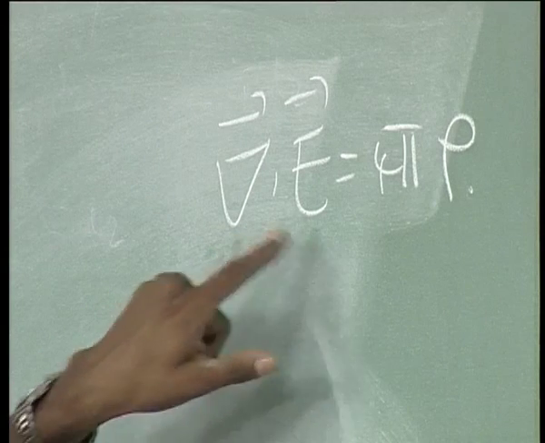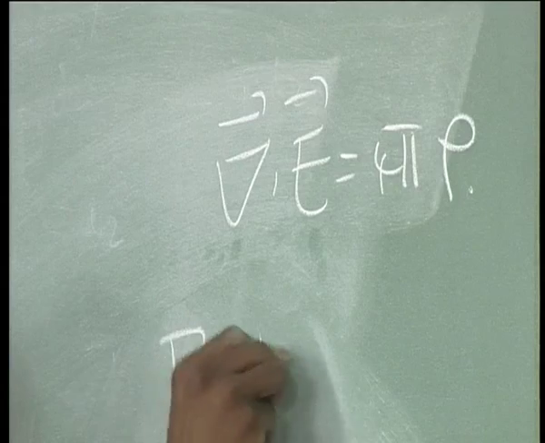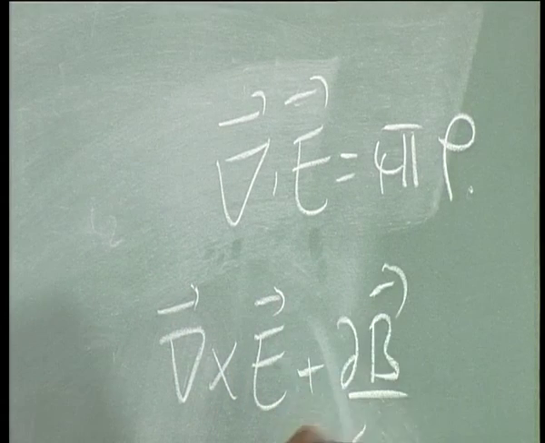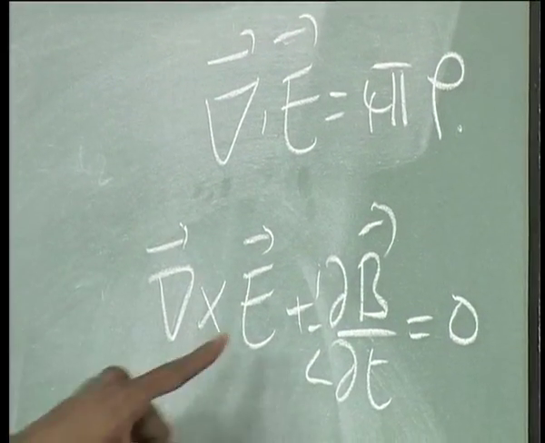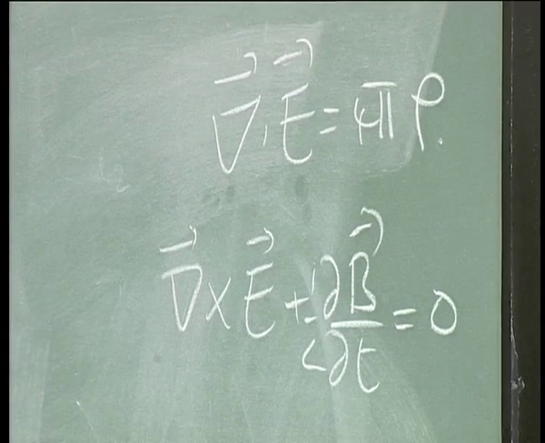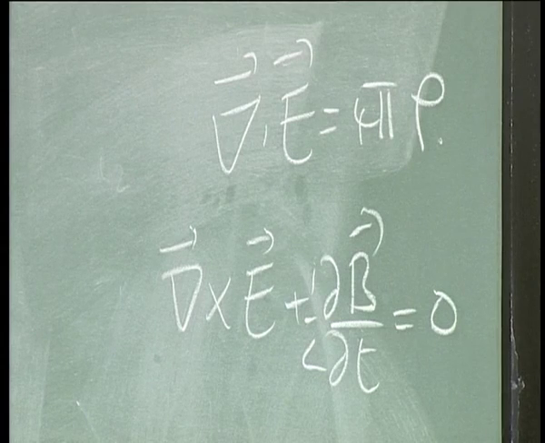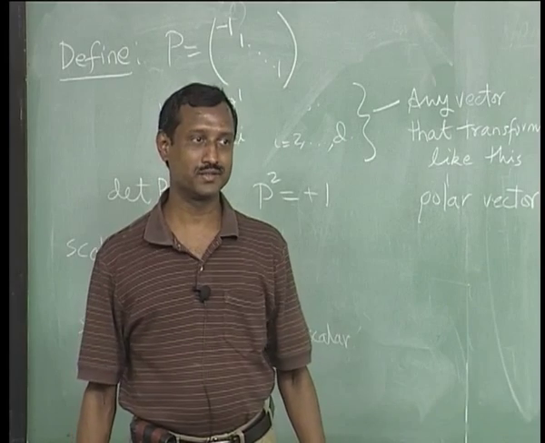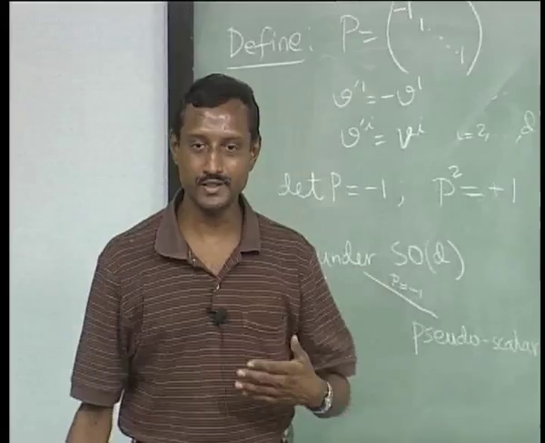Then you go back and look at the next equation, del cross E plus 1 by c dB by dt equal to 0. Now you can see, because of the cross product, it forces B to be axial. So, the point here is that you can make assignments of how they transform under parity by looking at these equations, and that is how you go about doing things. Okay. So, force has to be a polar vector.